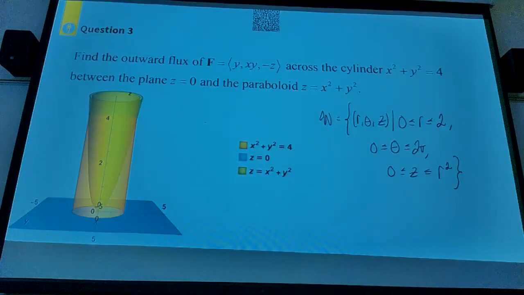If I just look at the top of the cylinder, assuming it's closed, it would go up to what? z equals 4.